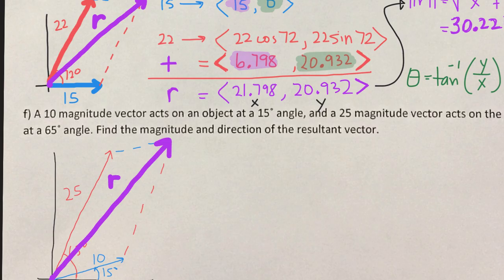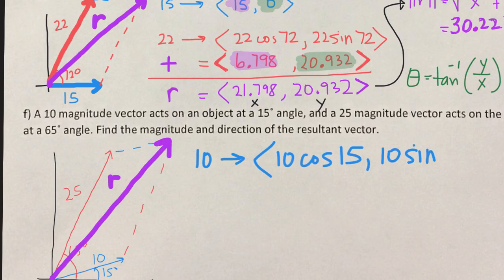Okay. So notice that they're both acting on angles, so we're going to have to do conversions for both of them. So for our 10 magnitude vector, that's 10 times the cosine of 15 and 10 times the sine of 15 degrees.